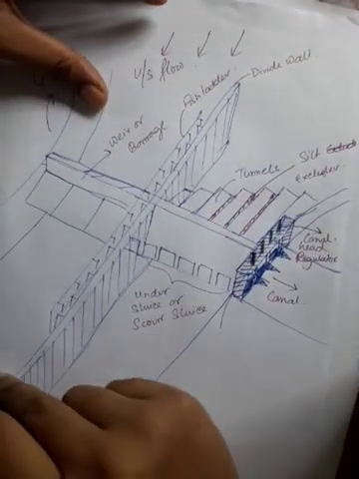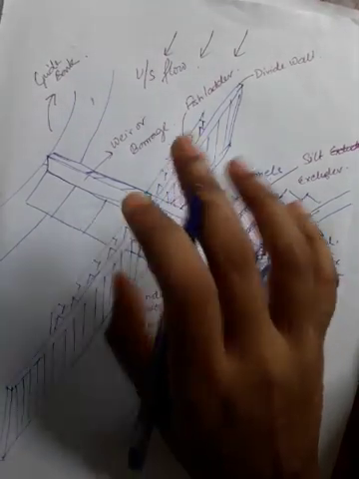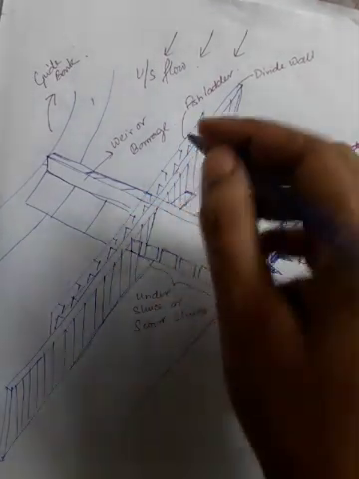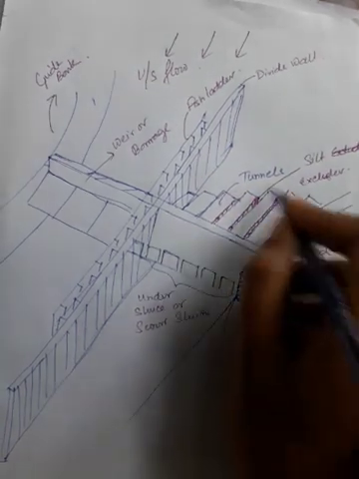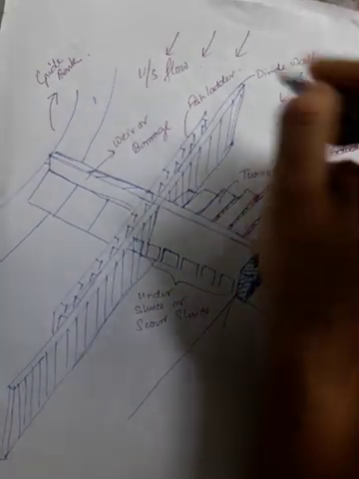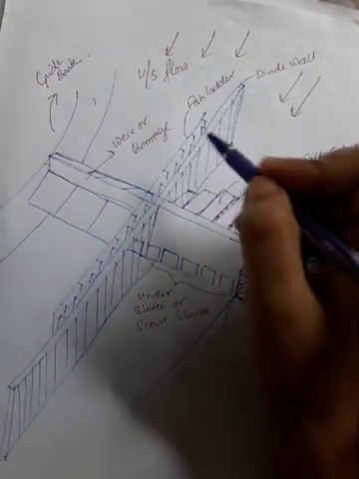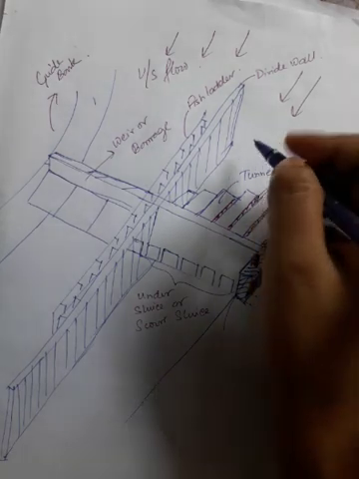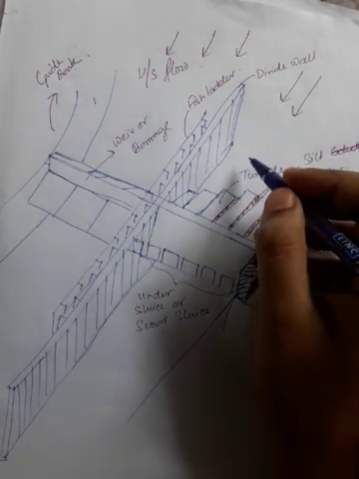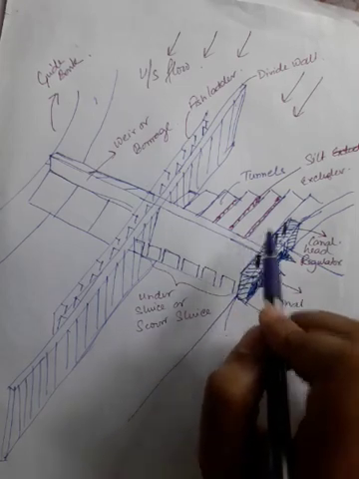This divide wall is provided to control the eddy current or cross current in front of this canal head. The upstream water flow is coming, so this divide wall helps the cross current not to form in front of this canal head.